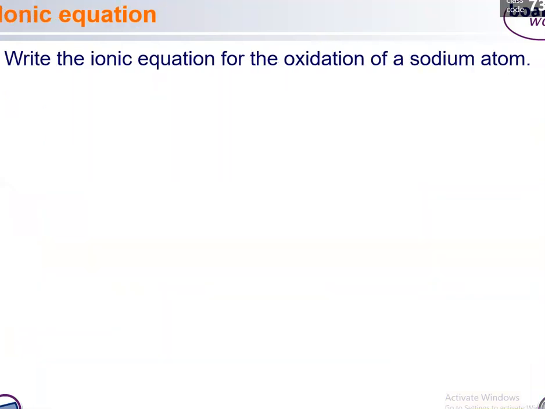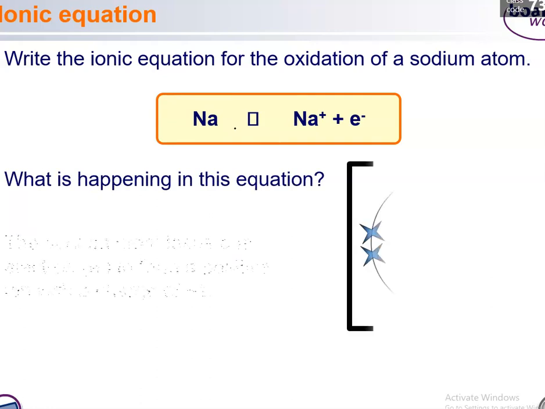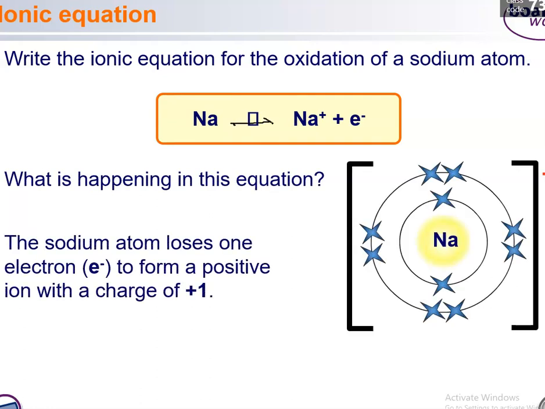Okay, now because the reaction of the alkaline metals with oxygen is oxidation, you should be able to write down the ionic equation too. So over here we have sodium becoming Na+ plus an electron here.